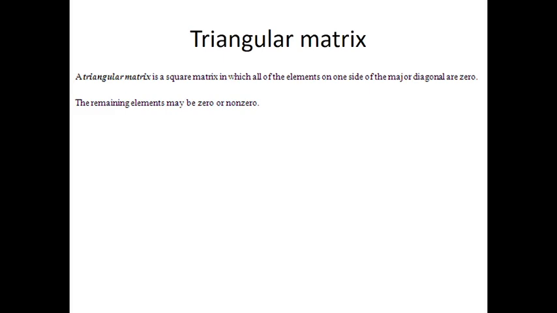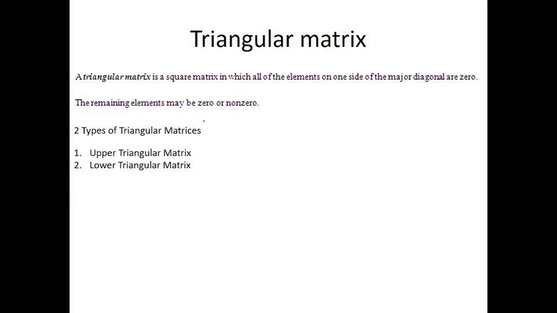A triangular matrix is a square matrix in which all of the elements on one side of the major diagonal are 0. The remaining elements may be 0 or non-zero. Later I'll show you the example to this. There are two types. The first is the upper triangular matrix, and the second is the lower triangular matrix.